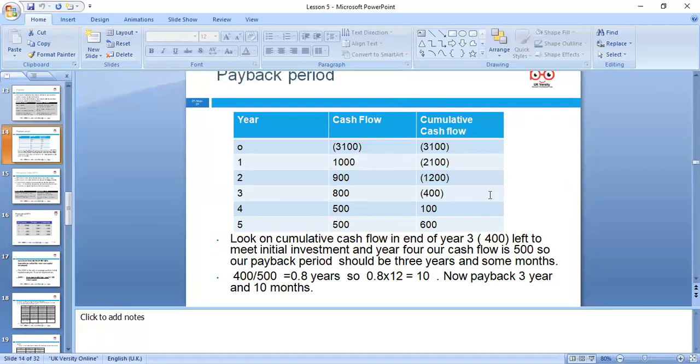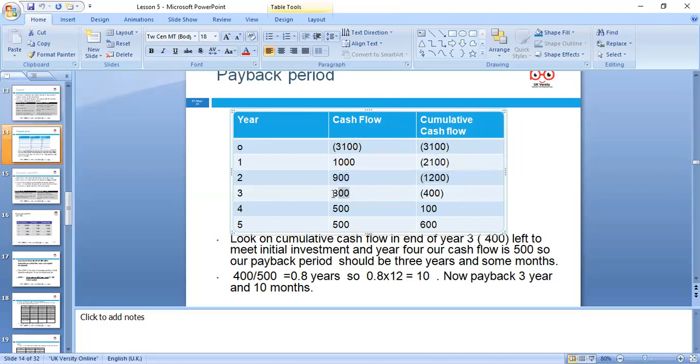So if you go here, we are investing 3,100 pounds in year 0. Year 0 means the current year. Then in the cumulative column, you look: you invest 3,100, that money goes out, and you get 1,000 pounds back, which is inflow. Then the remaining is 2,100. In year 2, you get 900, and after year 2 there is 1,200 left.